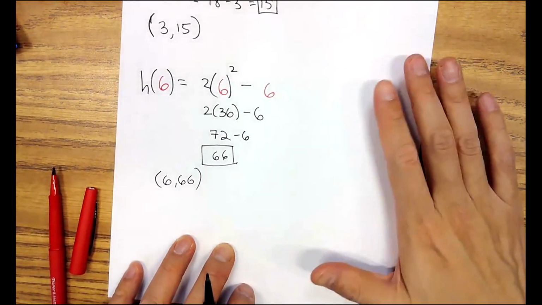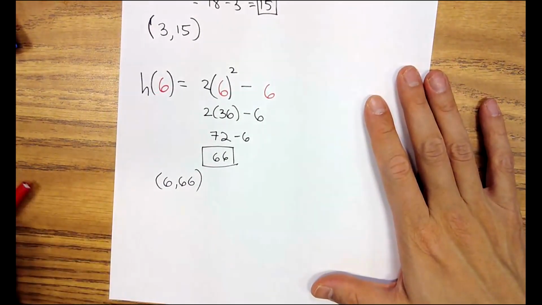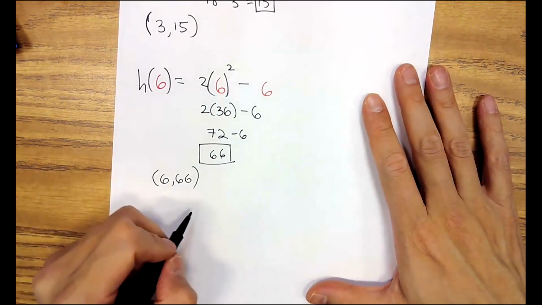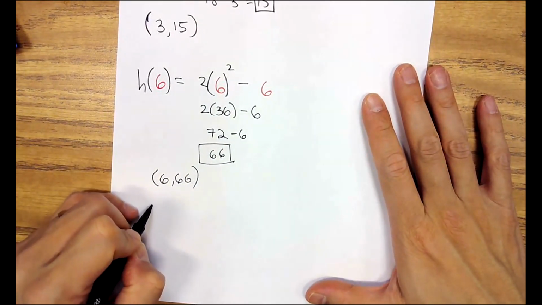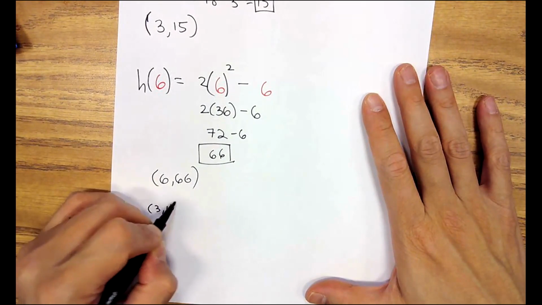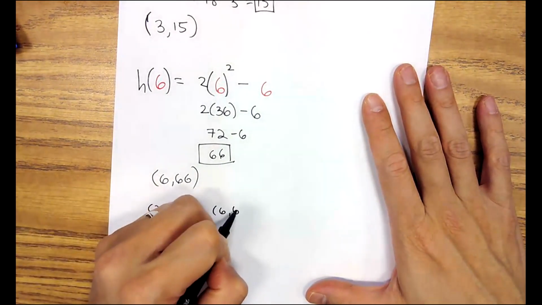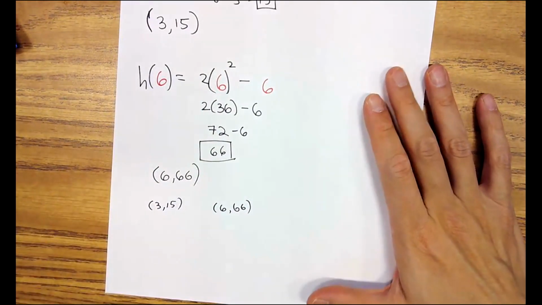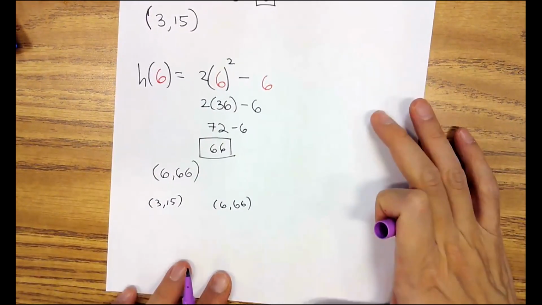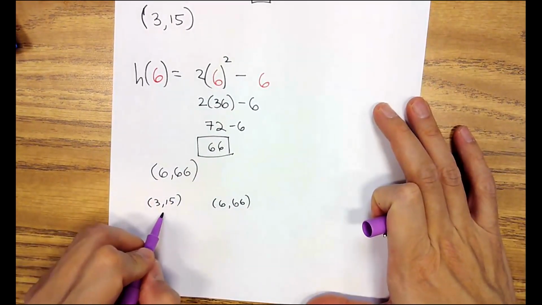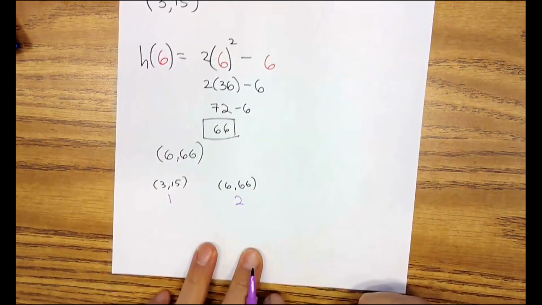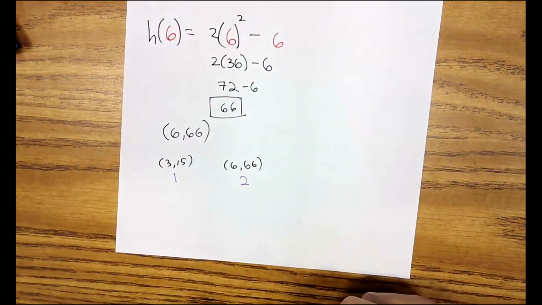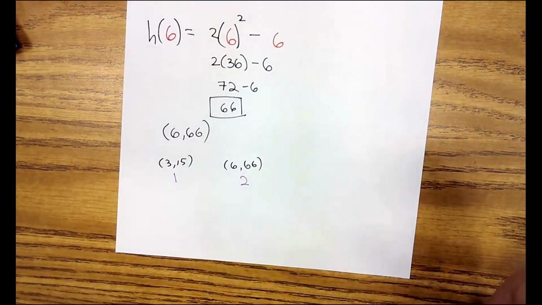So now we can get the average rate of change, right? So I'm just going to rewrite these 2 points, 3, 15 and 6, 66. I like to label 1, 2. Okay, you don't really have to do that, but then it just keeps me on track.